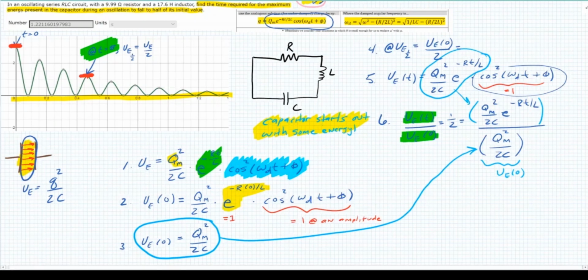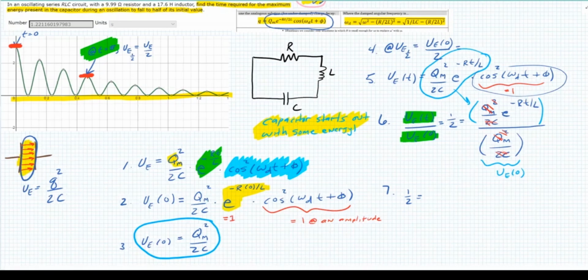Number 7 is, I think, the hardest part. Now I have 1/2 equals, and let's do some cancellation. QM squared cancels with QM squared, and 2C cancels with 2C.